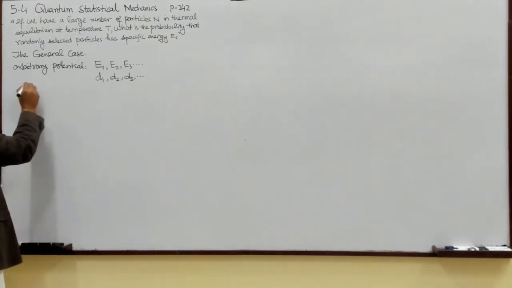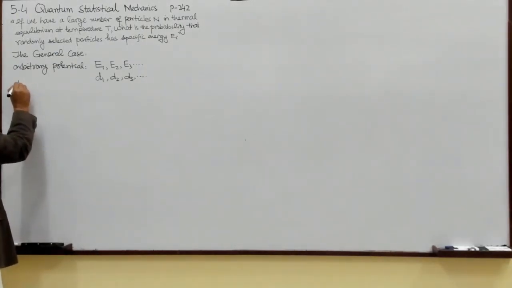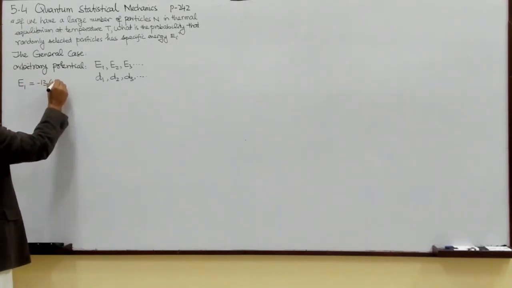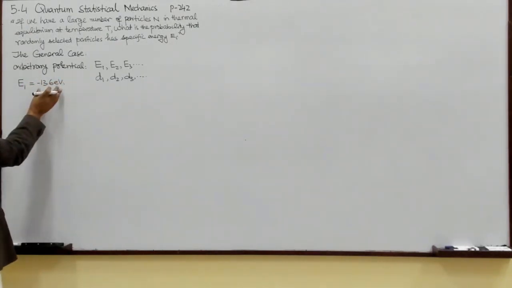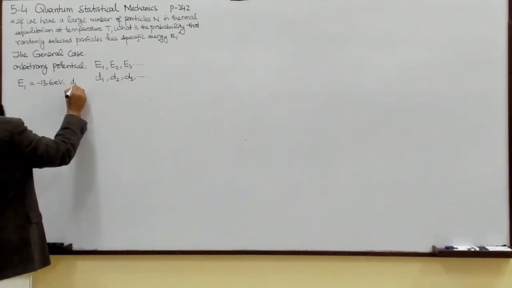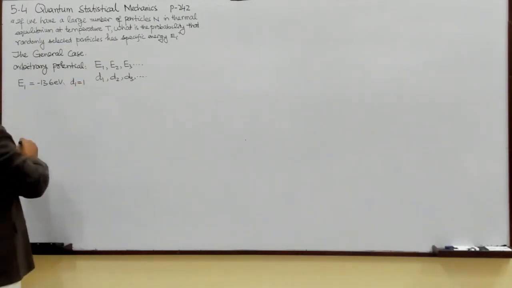For hydrogen, the first level E1 is minus 13.6 electron volts, and it is the only orbit having this energy. So I say that D1 is 1.